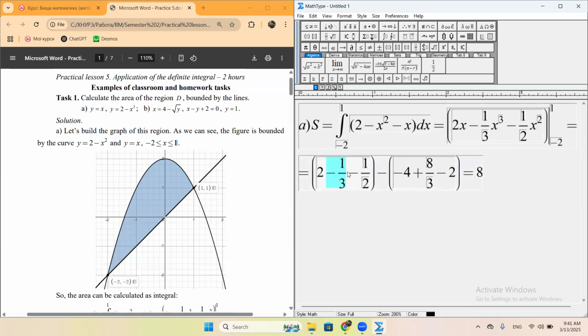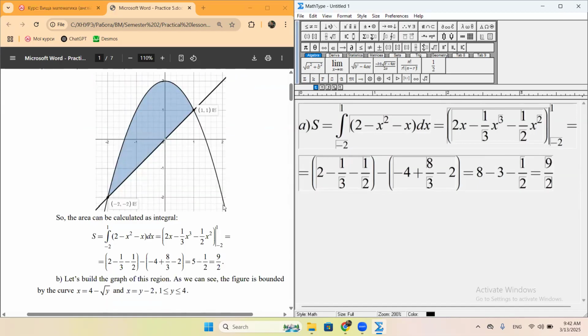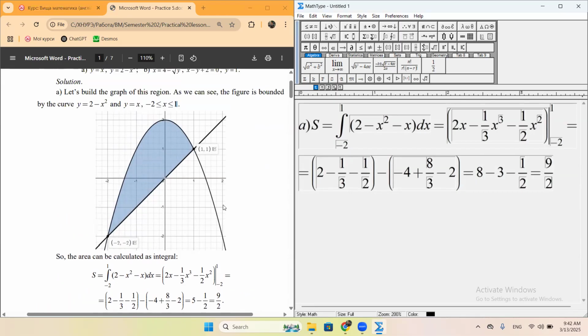And here minus 1 over 3 minus 8 over 3, so minus 3, and minus 1 over 2. So it will be 5 minus 1 over 2, which equals 9 over 2. Yeah, so the same. Any questions about this exercise?